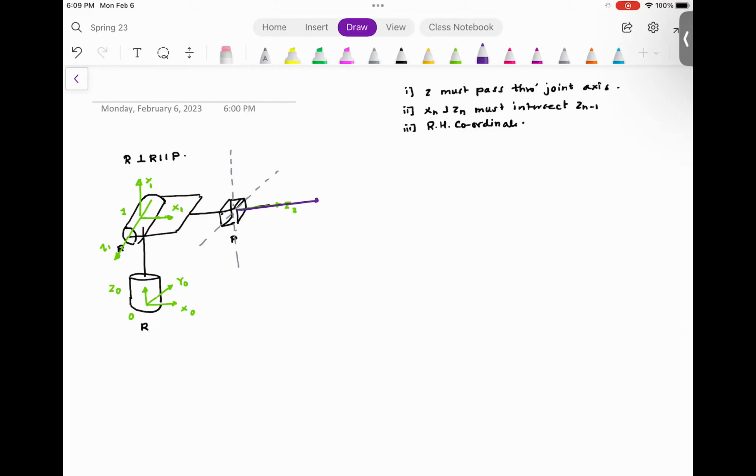So frame Z2, X2, and Y2 needs to be translated. I need to show this here for clarity. Okay. So right now the problem we are having is I have Z1, I have X1, I have Y1, and then the next frame is here.